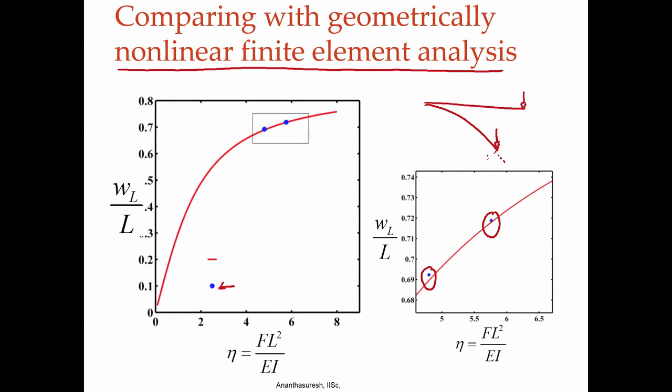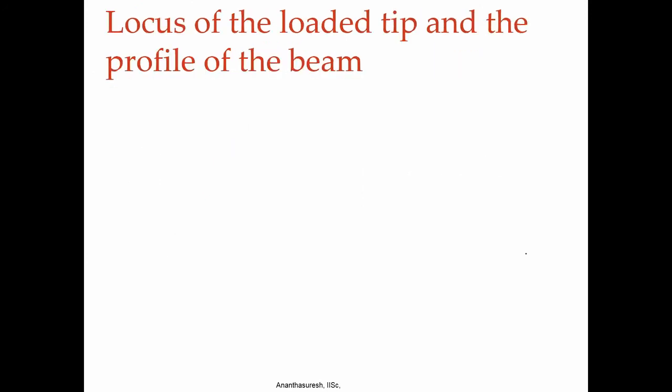Of course, axial stiffness will be very high compared to bending stiffness, there will be a stretch which is not taken into account in the analytical one, and hence the analytical one, which is our curve, deviates a little from the finite element analysis. Okay.